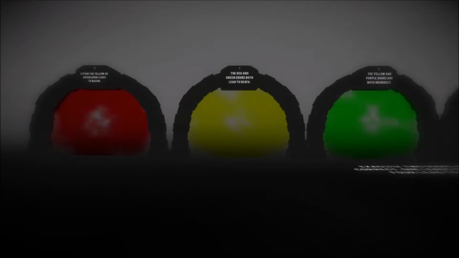The yellow... Green can be correct and not lead to death. That would negate yellow and purple's statements.